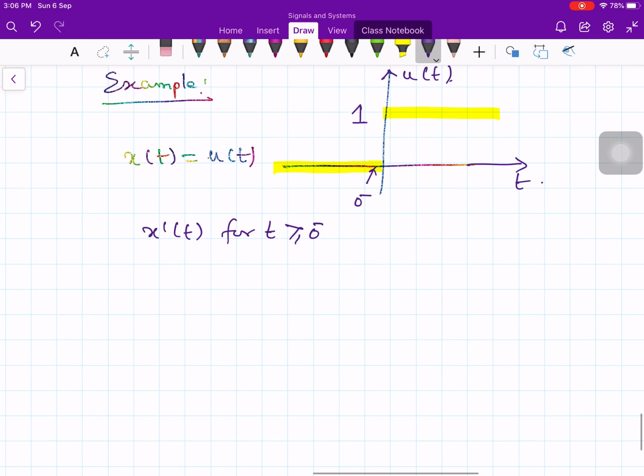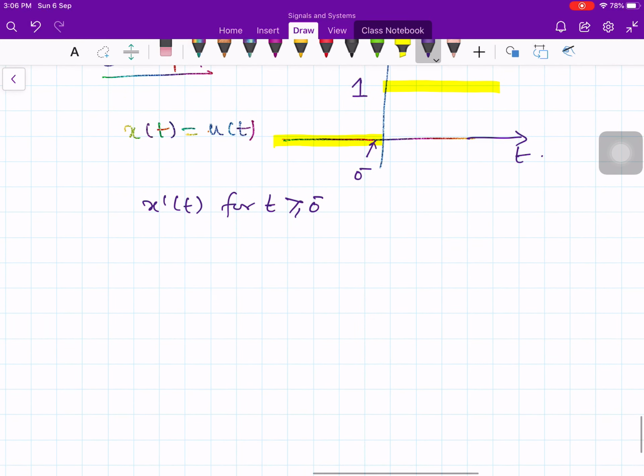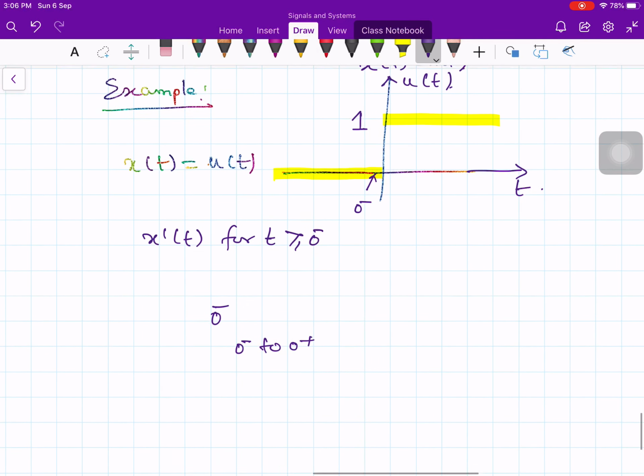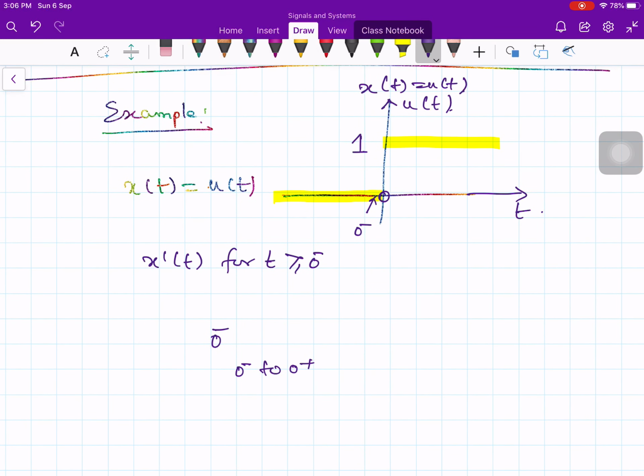As we take into account the variation of x of t starting from 0 minus, that is from 0 minus to 0 plus, it goes through a jump of plus 1. See, this point is 0 and this point is 1. So at 0 minus, x of 0 minus is 0. At 0 plus, x of 0 plus has the value of 1.